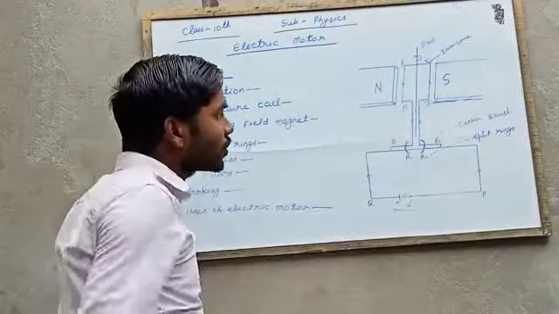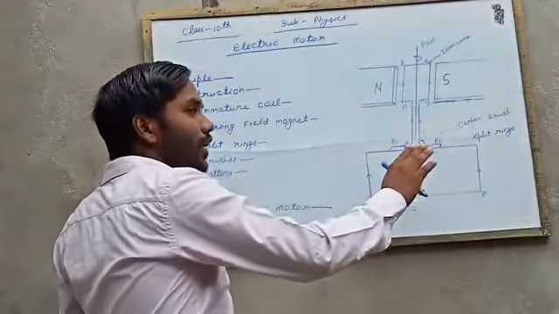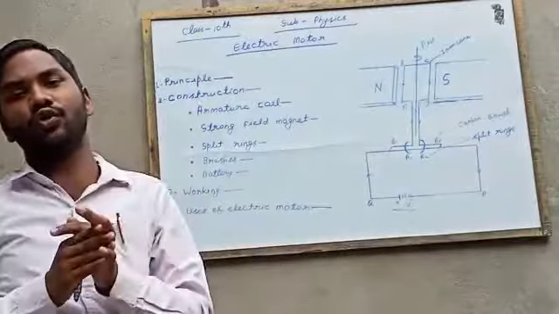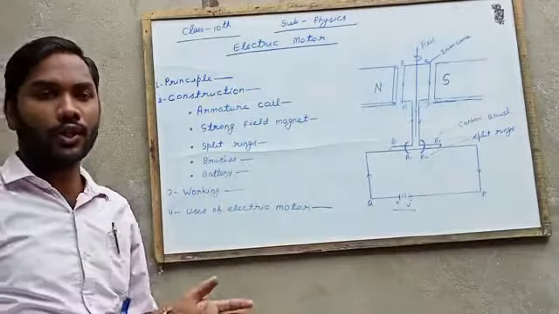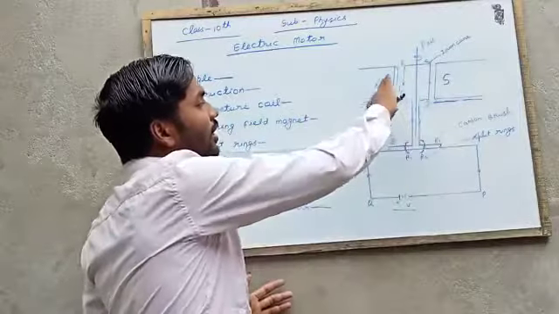Due to this force, it will rotate. The force will be equal and opposite on the two arms. Due to this, first of all, it will rotate 180 degrees.